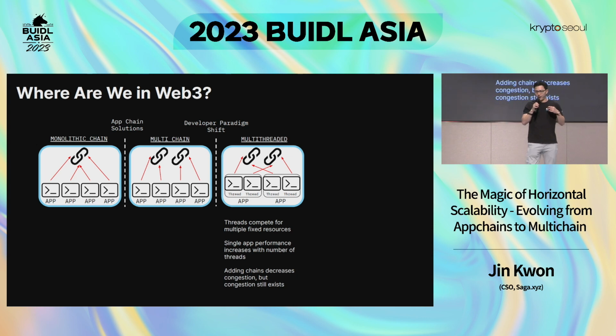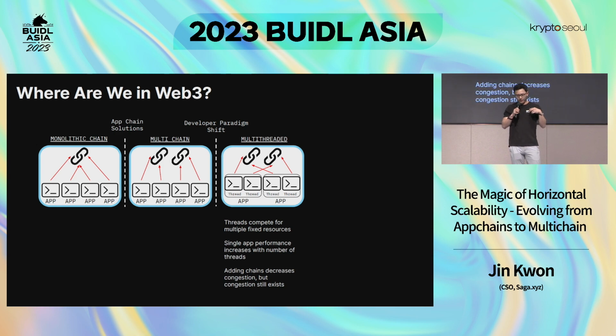So now, instead of one blockchain application competing for multiple fixed resources, small threads within each application are going to start competing for fixed resources. Some will go to maybe Ethereum, some will go to Polygon, depending on capacity. And single application performance can now scale across chains, as there are more chains to deploy across.